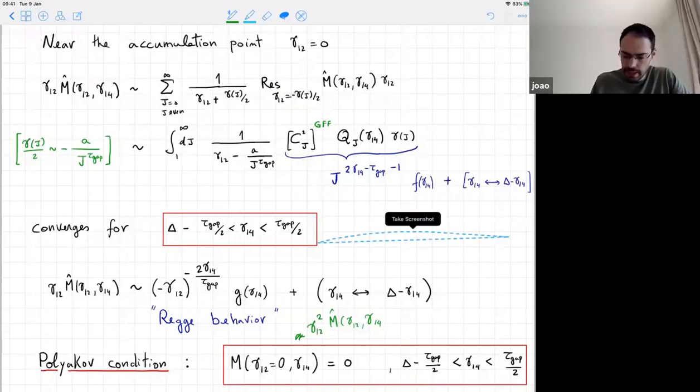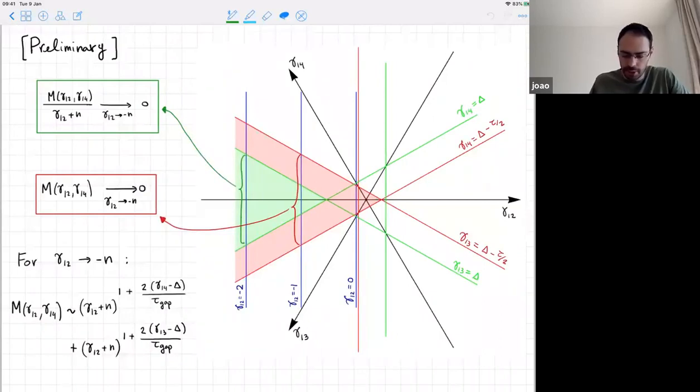Okay, and yeah, so this is a bigger picture of what we think happens, but this is still a bit preliminary. We haven't explored all these other Polyakov conditions. If you do the same analysis, you would conclude that you can impose this leading Polyakov condition at every negative integer, as long as gamma 1, 4 is inside this red region.